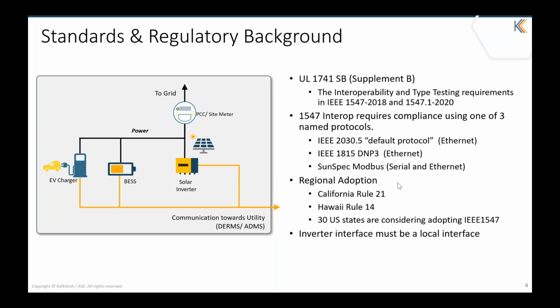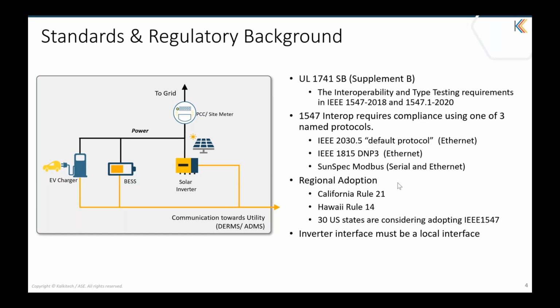In California, all the DERs above 1 megawatt should send telemetry data to the utility, and as part of phase 3 of Rule 21, there's also a mandate for the control functions to be implemented. California IOUs are required to provide customers with customer-owned telemetry options to send telemetry data to the utility. So these are some of the driving factors for interconnection of DER with the utilities.